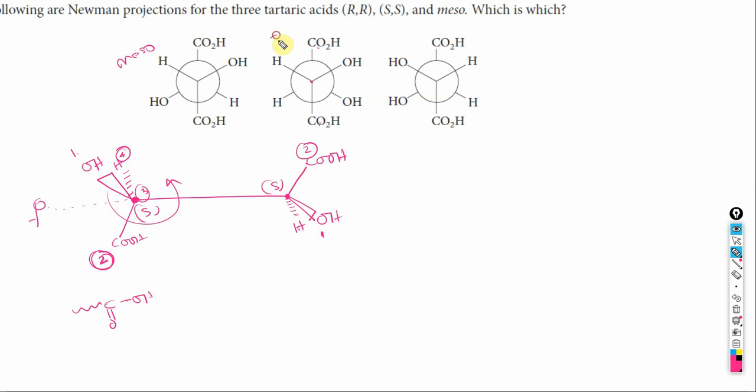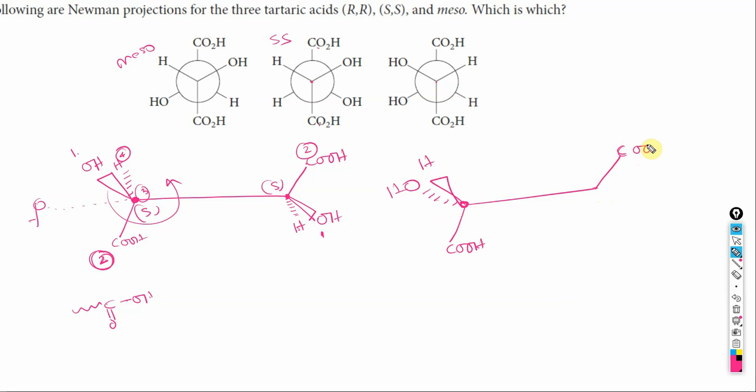So this is an SS molecule, and if you draw the other one, it should be an RR. Just making sure that we understand what's going on, I would do this here also. Carboxylic acid, hydrogen and OH. Carbon in the front, that's what that carbon is.